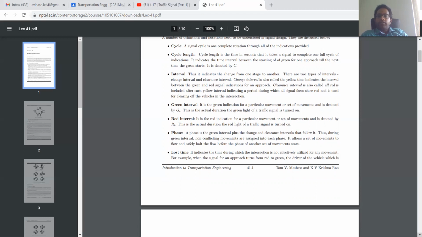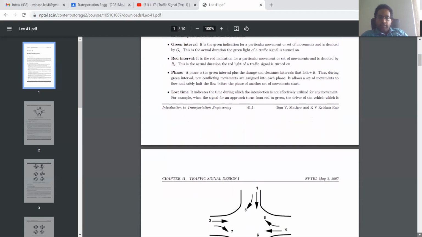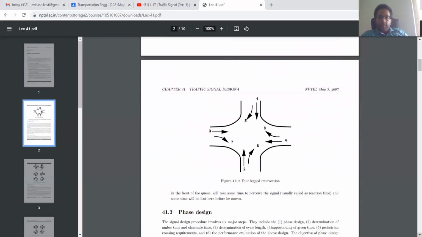For example, when the signal on an approach is turning from red to green, earlier it was red and now it is turning to green, the driver of the vehicle in front of the queue will take some time to perceive the signal, and some time will be lost before he moves. That time gap you call the lost time.